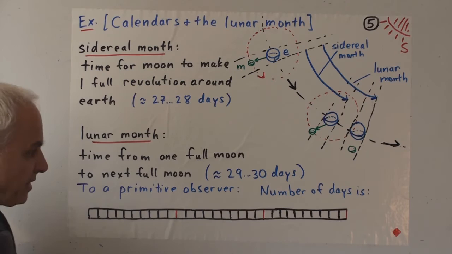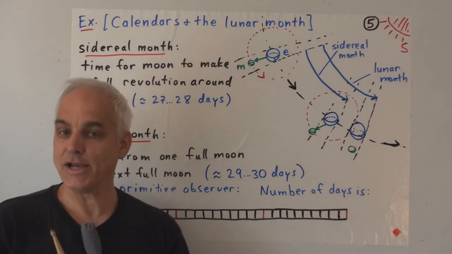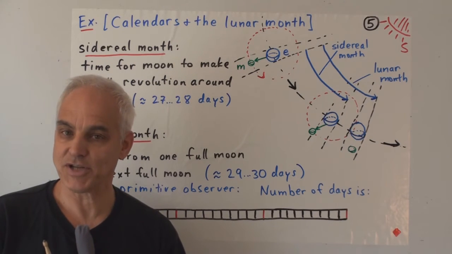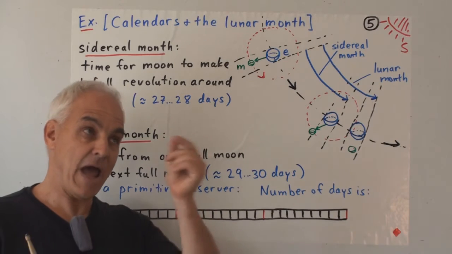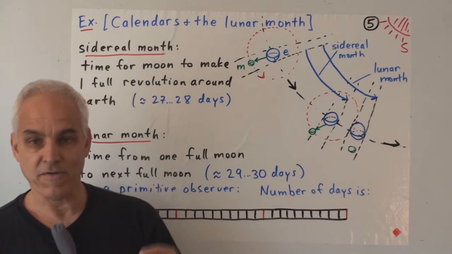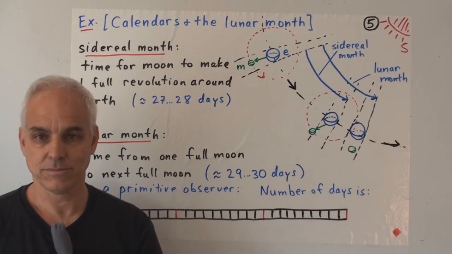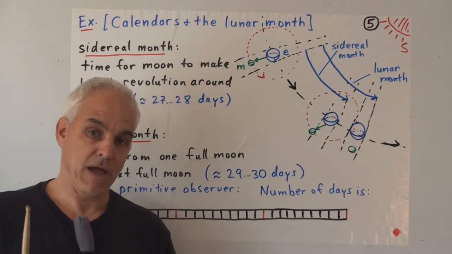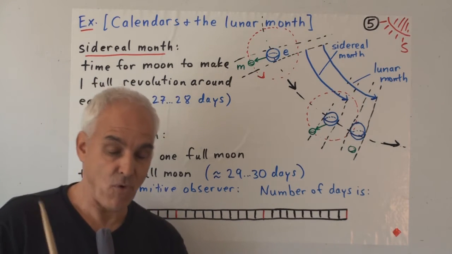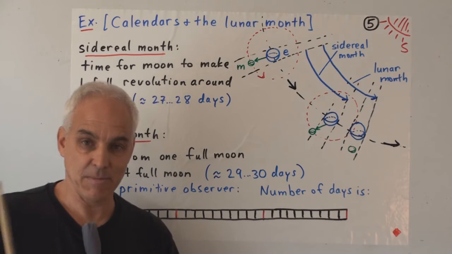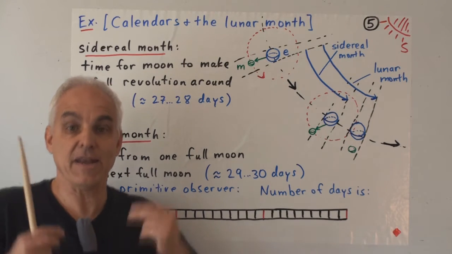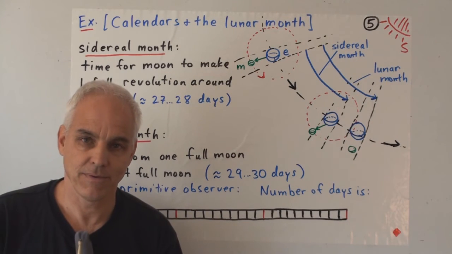So a natural thing that a mathematically inclined watcher of the skies would do is to count the number of days from one full moon to another. And how would you make such a count before we actually had any symbols for numbers, before we actually had names for numbers?